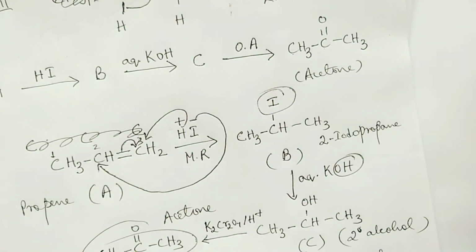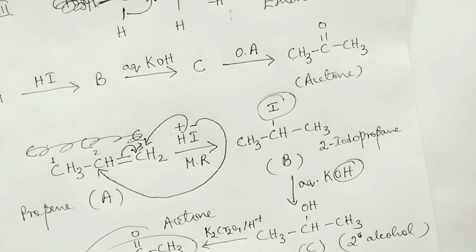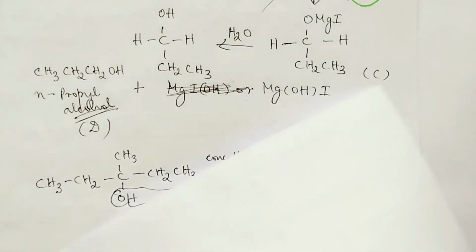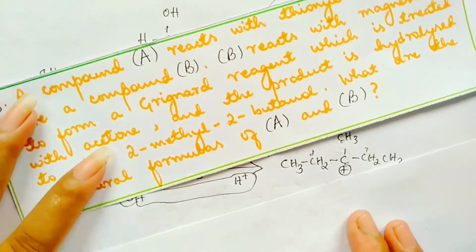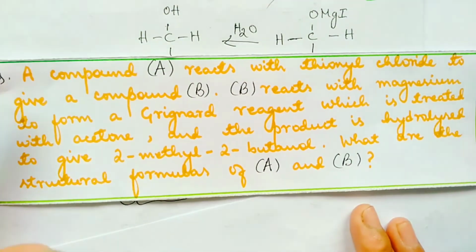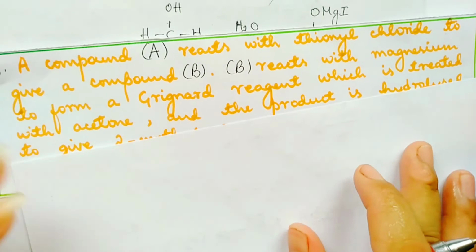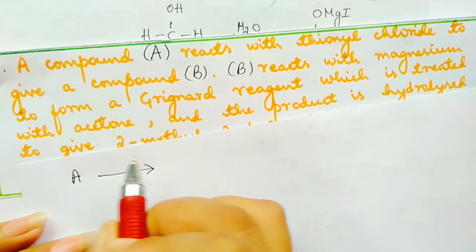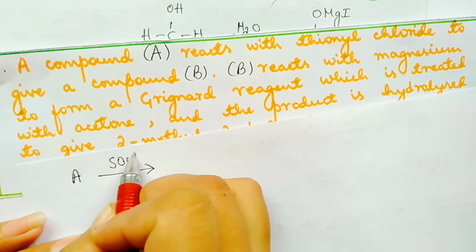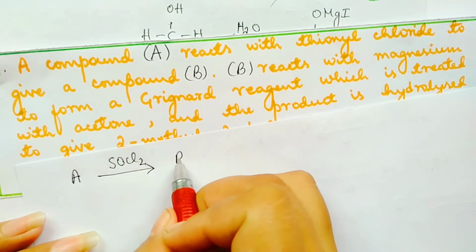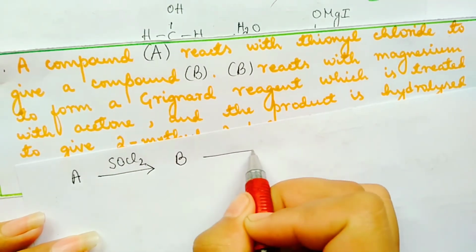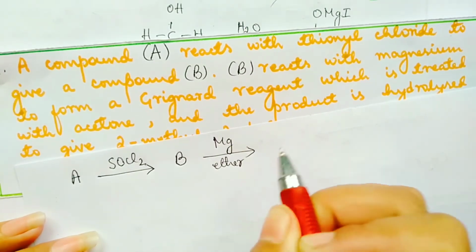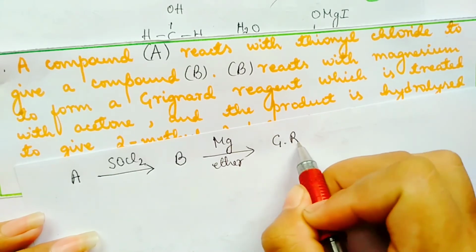We come to the last one. What is that? See here, there is a compound A. It reacts with thionyl chloride, SOCl2, to give a compound B. Then B reacts with magnesium, in the presence of ether, to form a Grignard reagent.